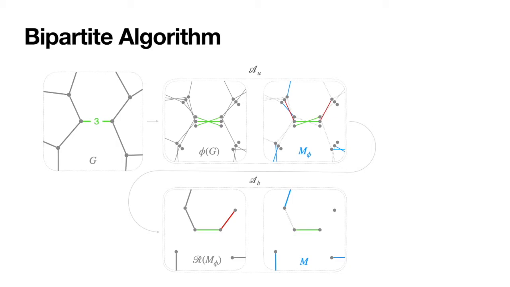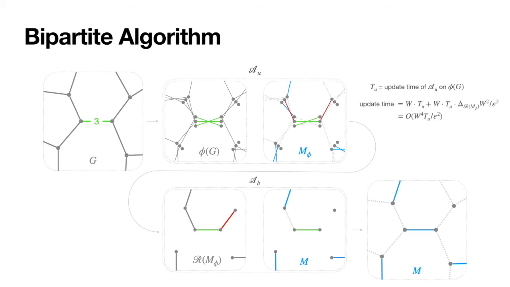By the refolding corollary, R of M sub phi contains as good a matching as M sub phi itself, and thus if we simply use the 1 minus epsilon approximate matching algorithm A sub B mentioned earlier, we'll maintain a good matching of G. The update time has 2 components, the time taken by A sub U and the time taken by A sub B. Using the fact that R of M sub phi has maximum degree W, we obtain the bound given here.